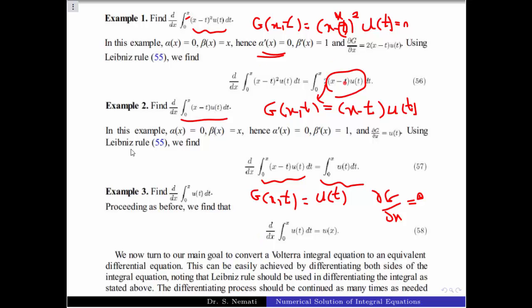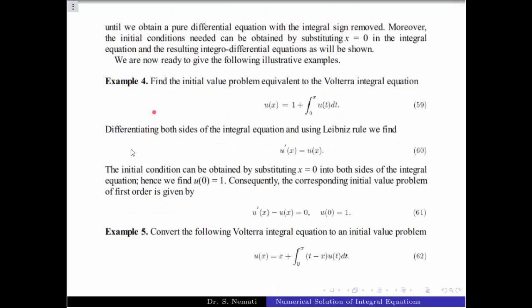Okay, this formula, I mean Leibniz rule, was introduced in order to help us to transform a Volterra integral equation to an equivalent differential equation. Let's check how we can do this. For example, we want to find the initial value problem equivalent to the Volterra integral equation given in 59.